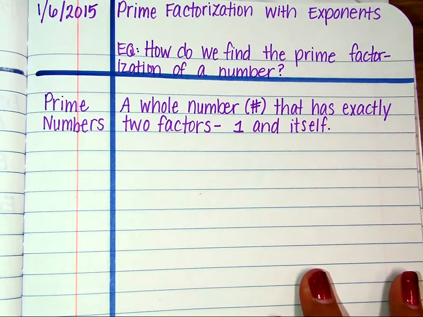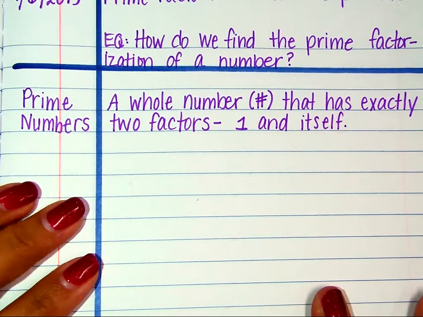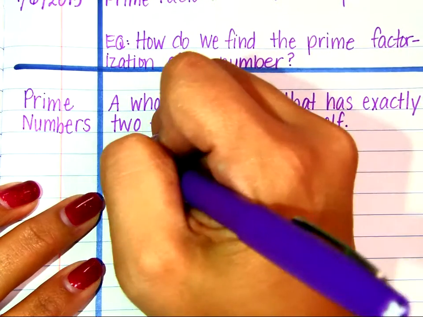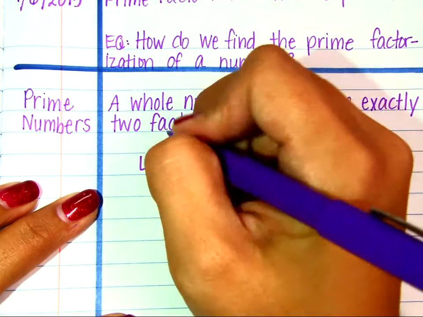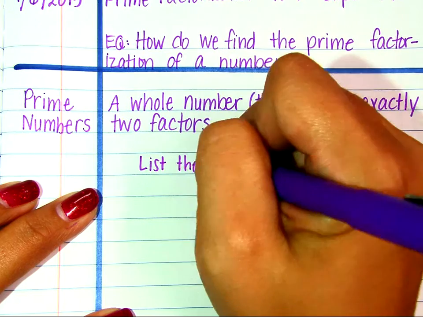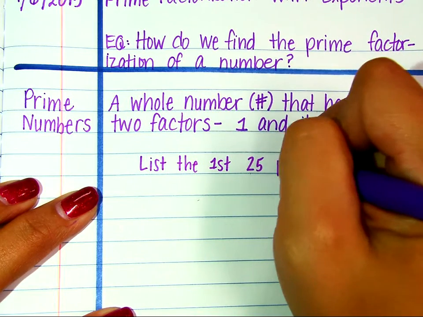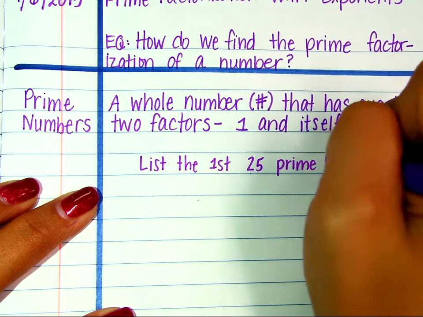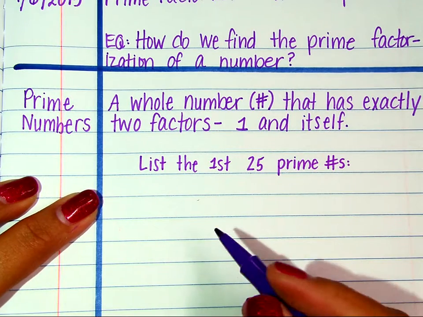So we're going to list the first 25 prime numbers. Now this list can go on and on and on, so I'm only going to give you the first 25.